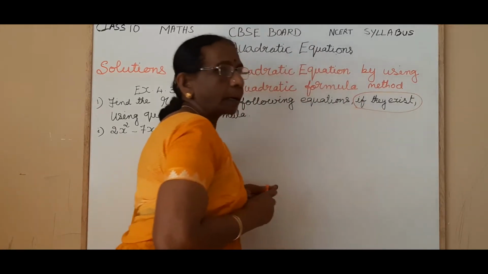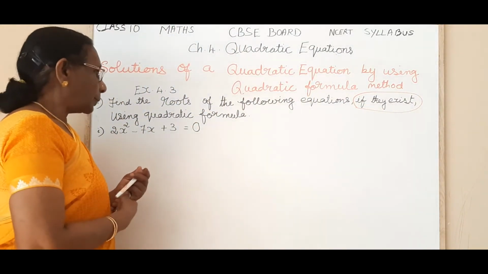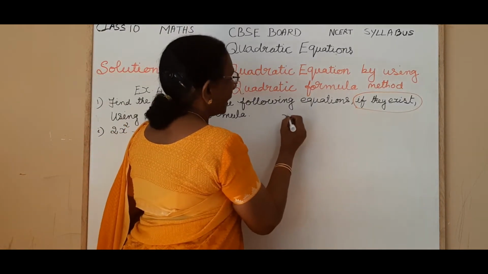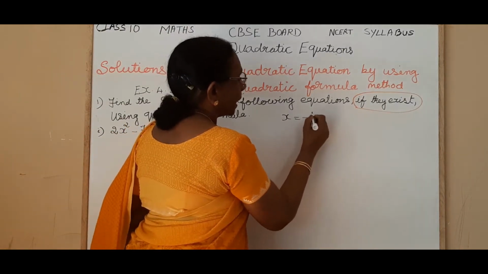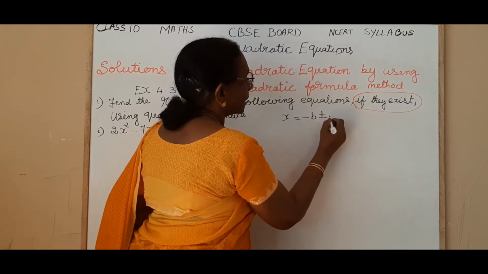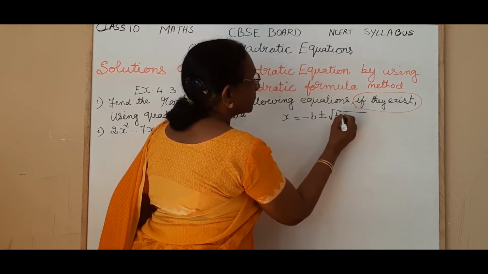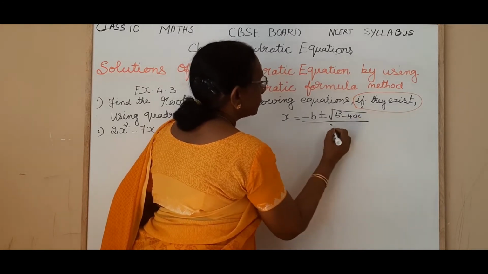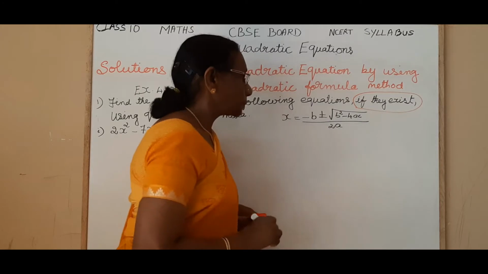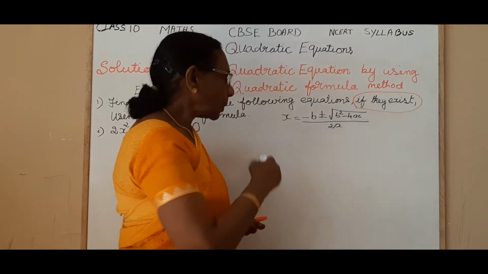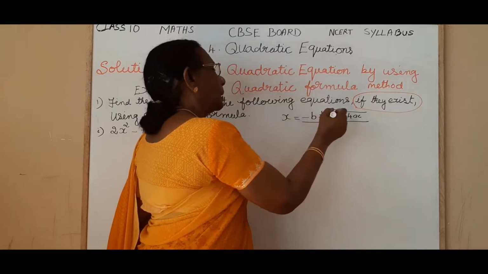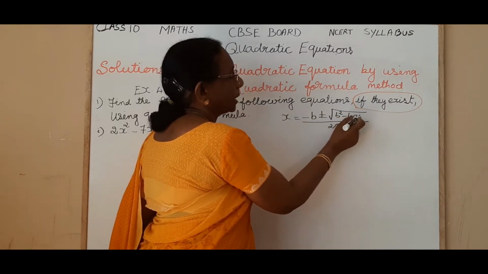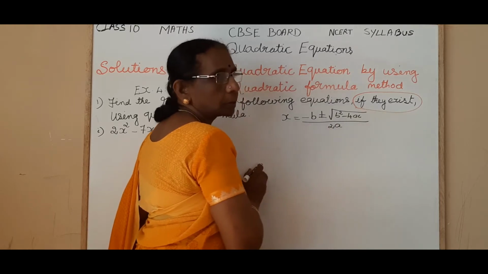See, what is the quadratic formula? The formula is x is equal to minus b plus or minus root of b squared minus 4ac, by 2a. Isn't it? So see here, the algebraic term b squared minus 4ac is inside the square root.